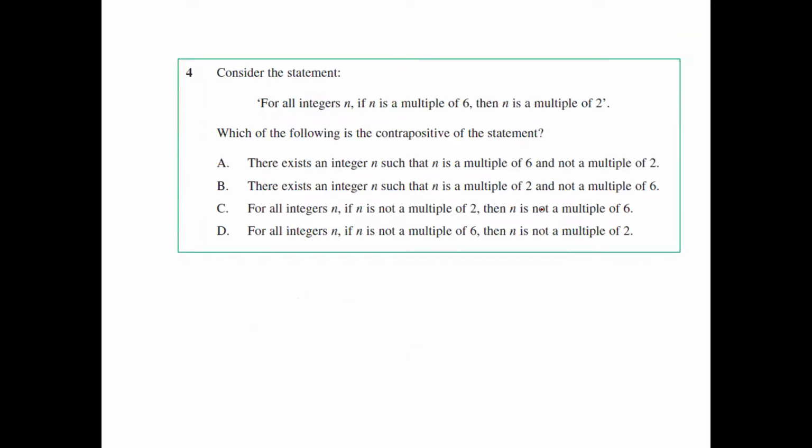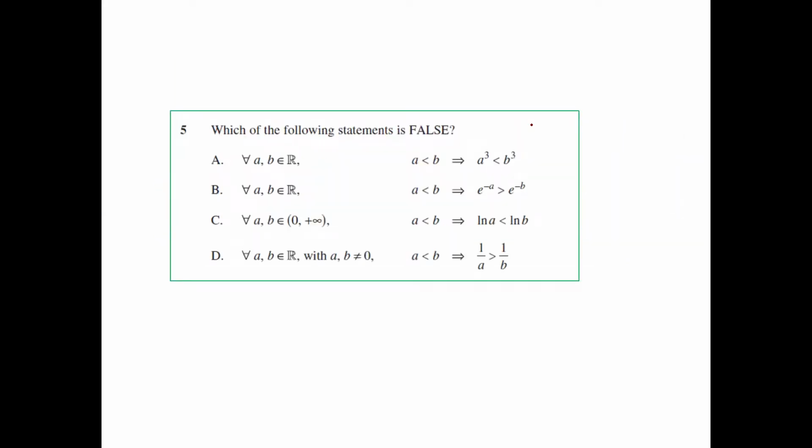Question 4. Consider the statement. Which of the following is the contrapositive of the statement? The most common response is C, then B, then D, and the least common response is A. And again, the most common response is C, and the correct answer is C. Question 5.